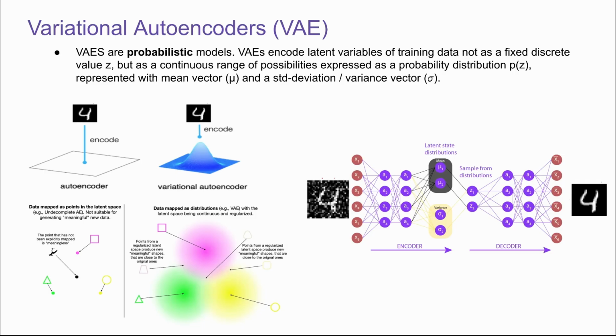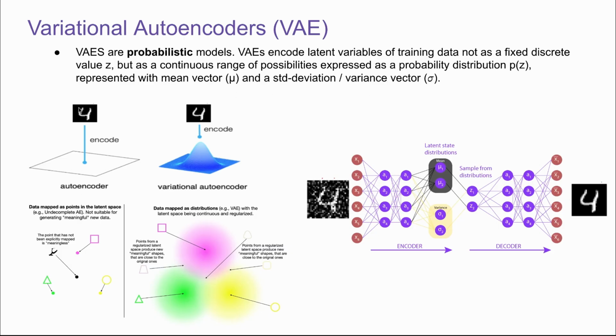So instead of being deterministic and discrete, VAEs are probabilistic models. VAEs encode latent variables of training data not as a fixed discrete value z, but as a continuous range of possibilities expressed as a probability distribution. So it's represented by a mean and a standard deviation.